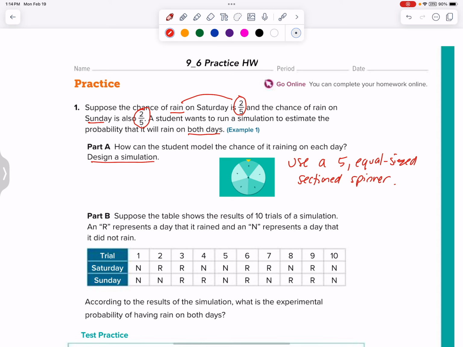Numbers 1 and 2 are rain, and 3 through 5 are no rain. So that would be designing a simulation.